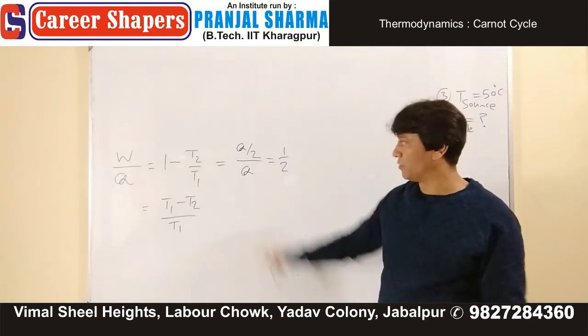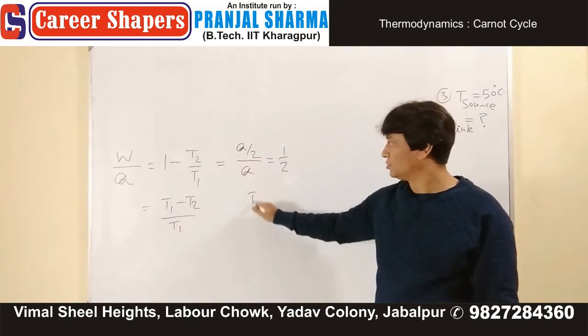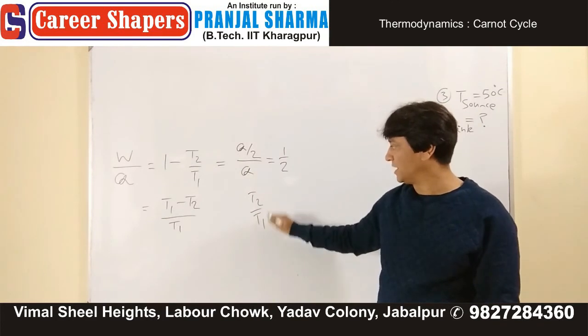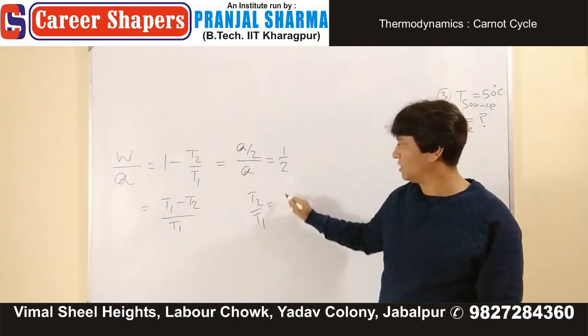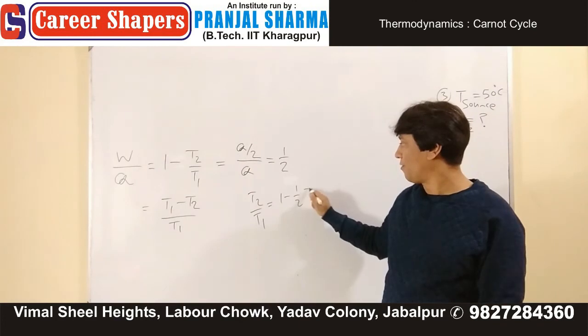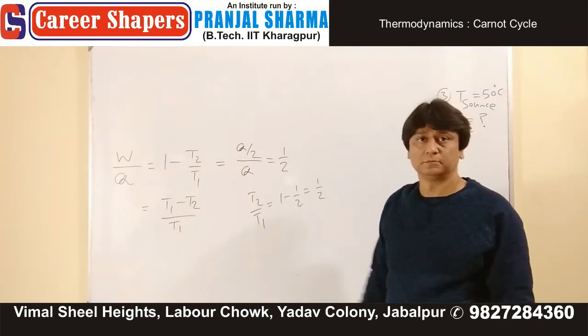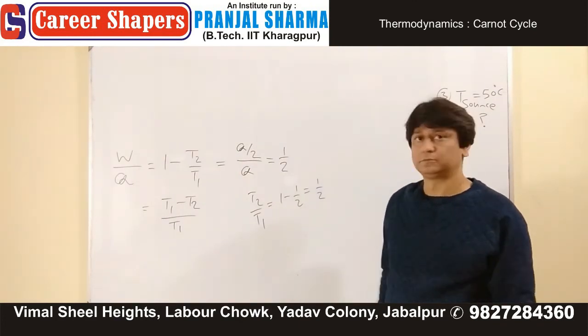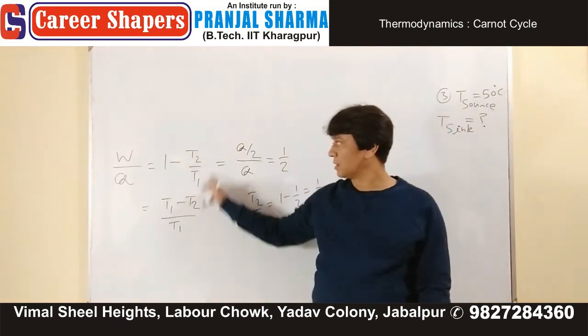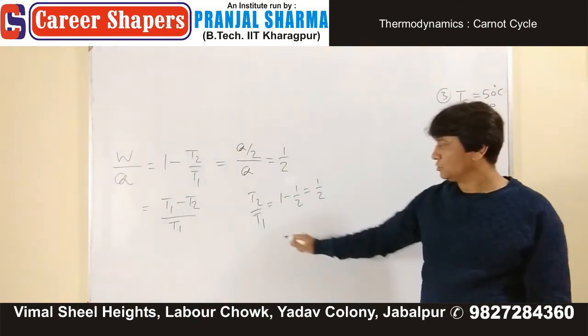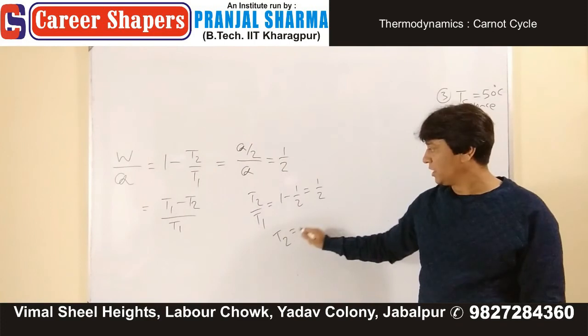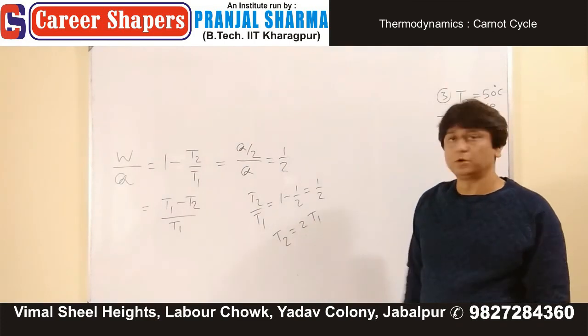We need T2 by T1. So your T2 by T1 is coming 1 minus 1 by 2, that is half. So what is T2?